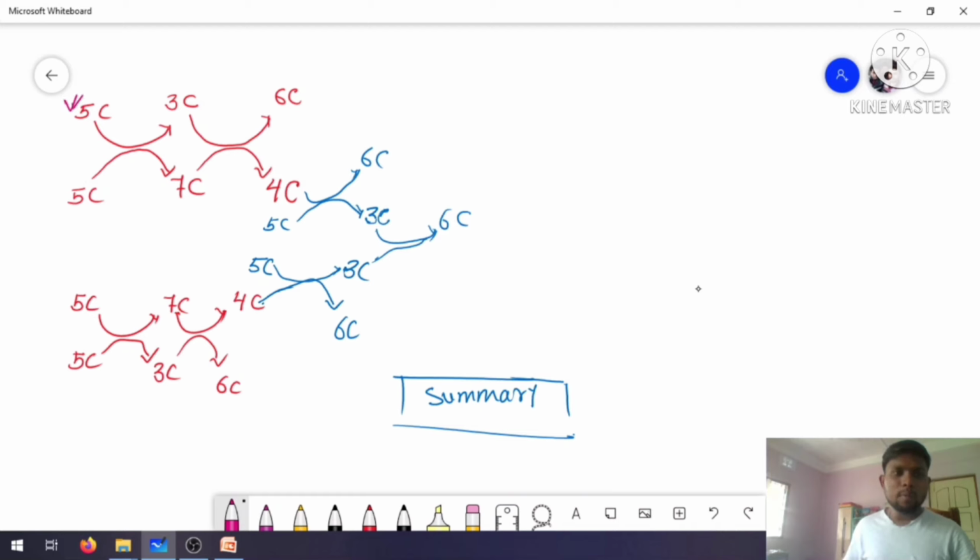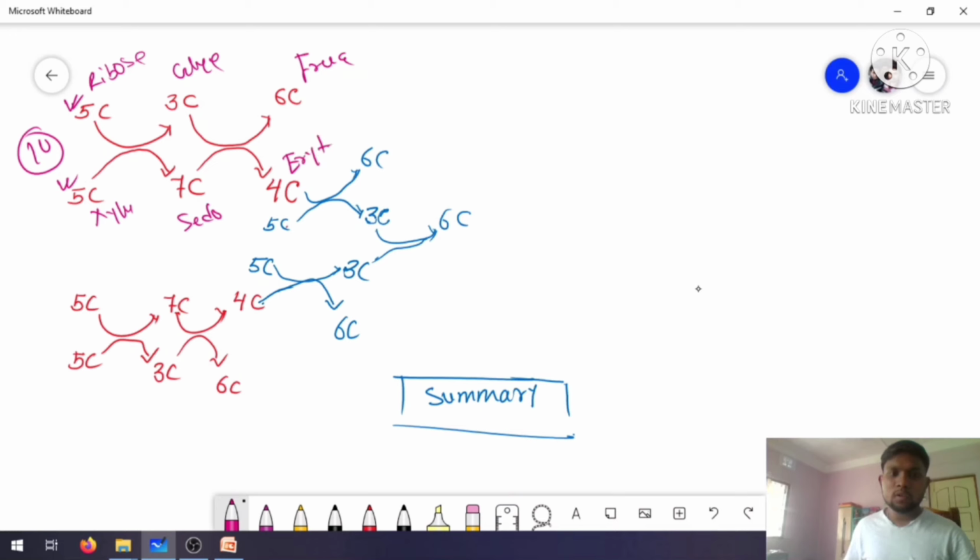So 5 carbon compound and 5 carbon compound, total 10 carbon compound, right? Ribose and xylulose, those two give rise to sedoheptulose and glyceraldehyde 3-phosphate. Then they will rearrange and they will give you fructose 6-phosphate and erythrose 4-phosphate, right?